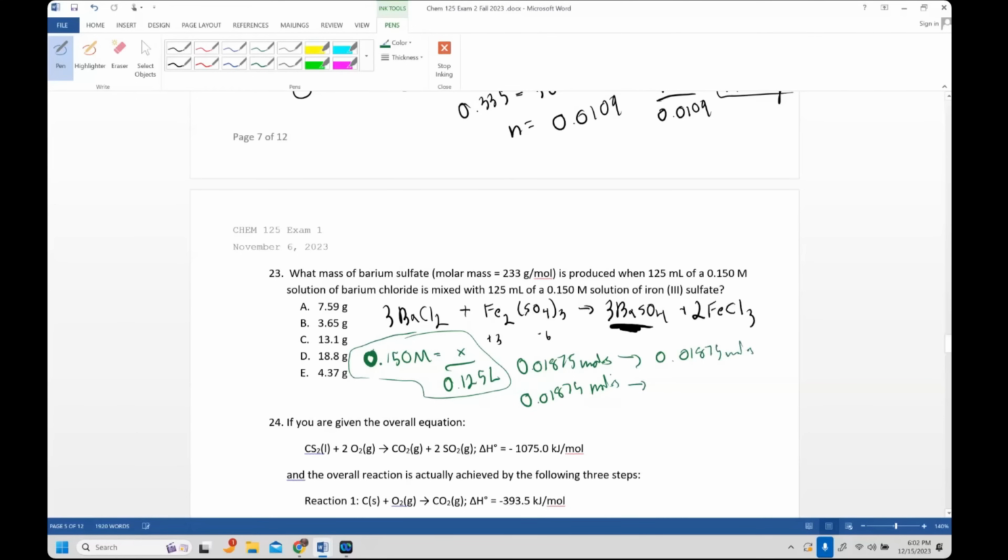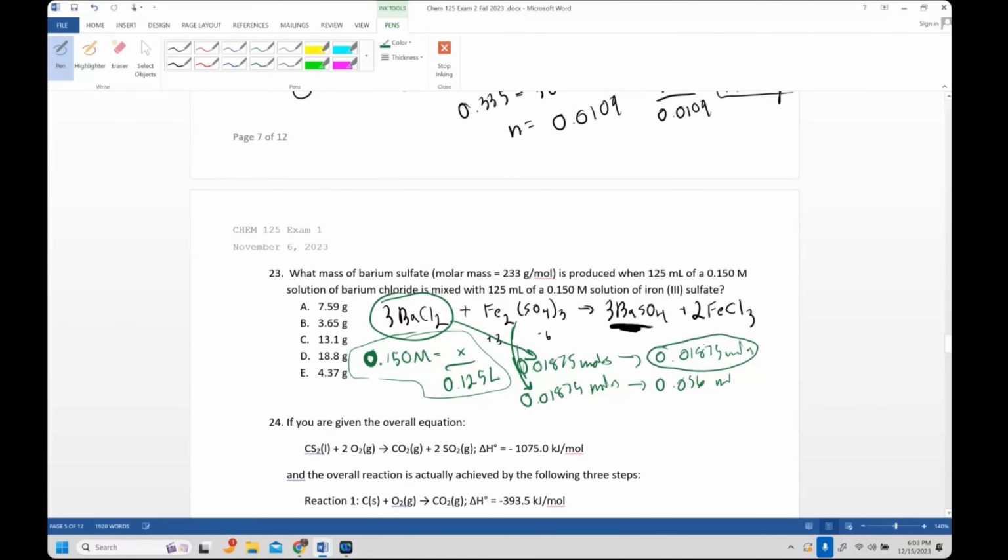So the iron 3 sulfate will actually create 3 times that, which is 0.056 moles of barium sulfate. So that means the barium chloride, I messed up. The barium chloride is going to be the limiting reactant, and it creates this much of barium sulfate.